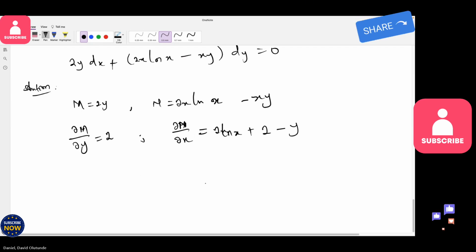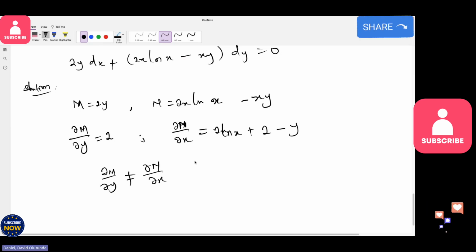So we could see that since the partial of M with respect to y does not equal the partial of N with respect to x, this means that it is non-exact.